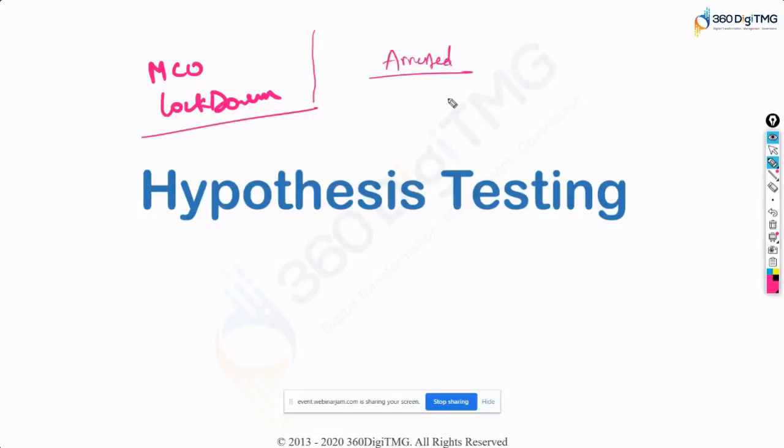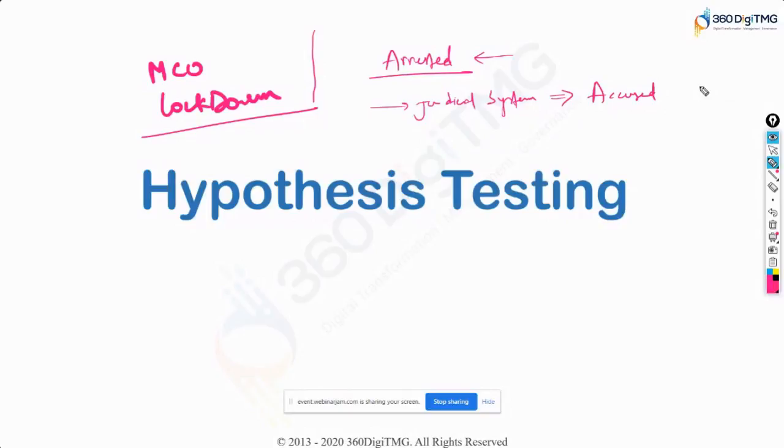So what is the default assumption by the judicial system? Irrespective of MCO or lockdown or any other external conditions, what is the default assumption of the judicial system? Across the globe, the judicial system always assumes that the person who got arrested is only an accused. He is not a culprit. He did not do any crime.